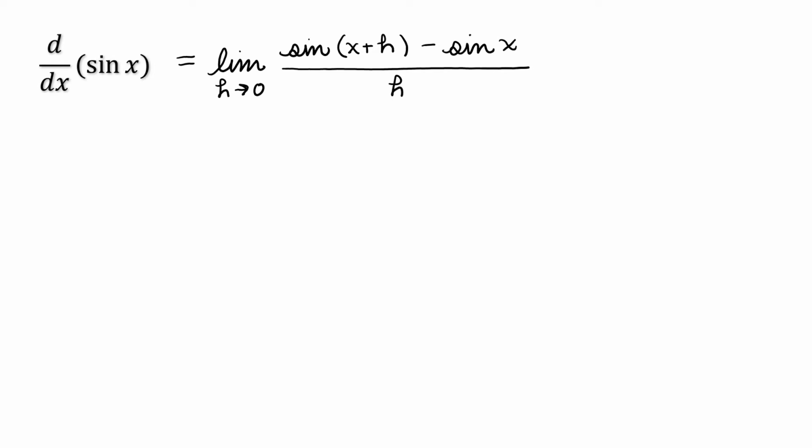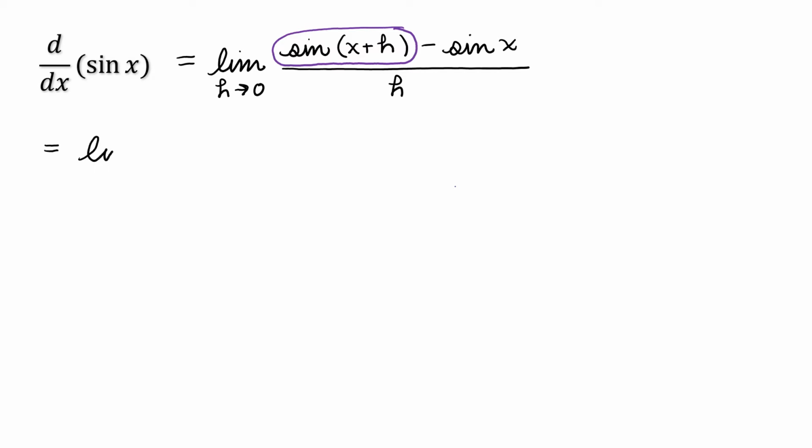And one of the first things we're going to do is we have sine of x plus h. So we're going to use one of our angle identities to rewrite this so that we don't have the sum of some angles in our limit anymore.